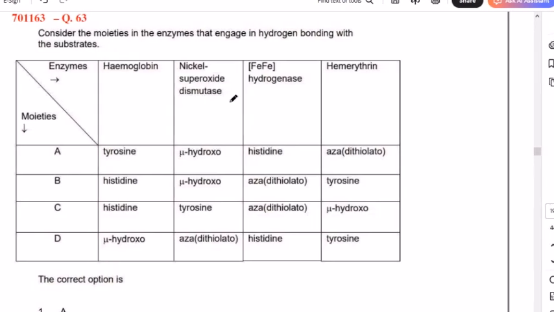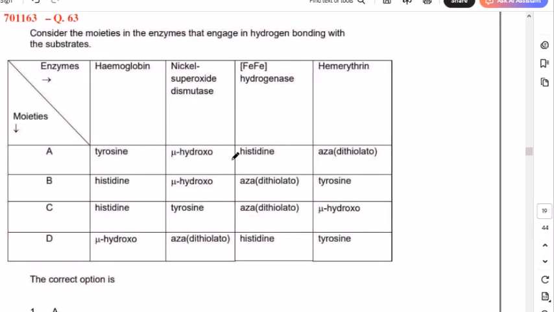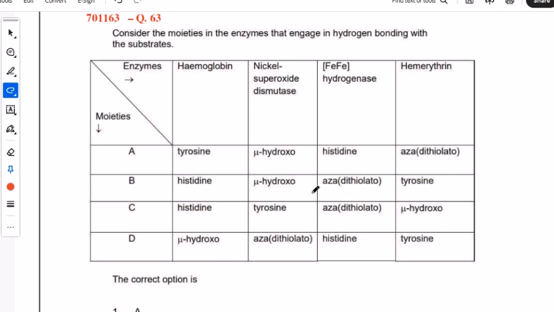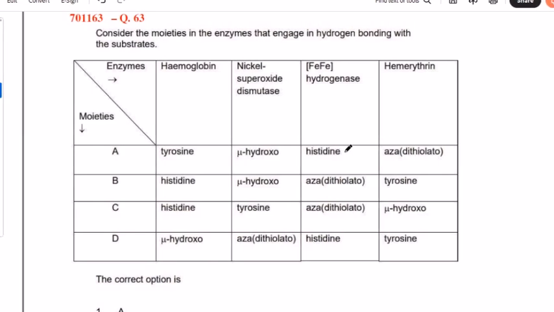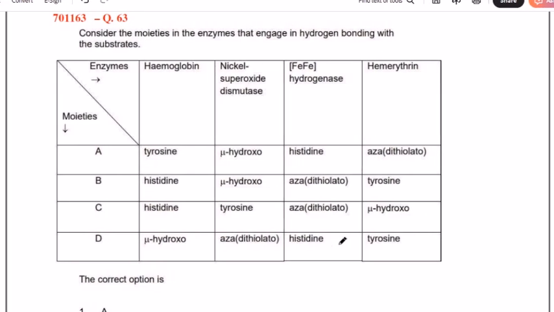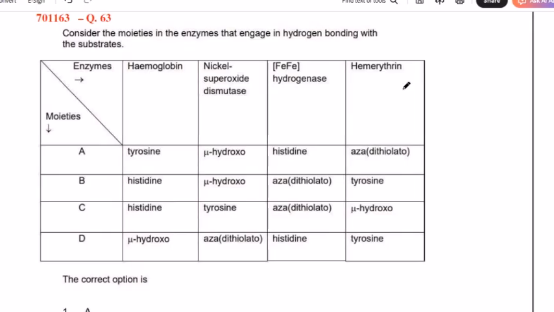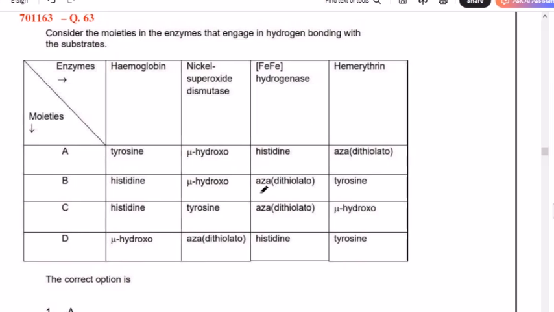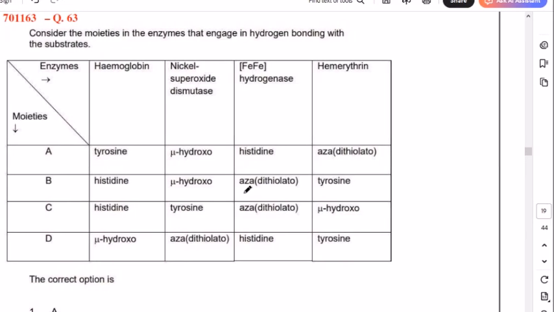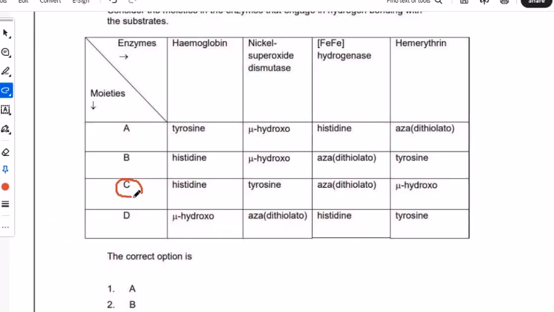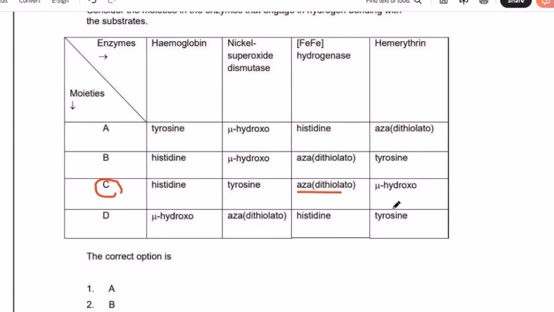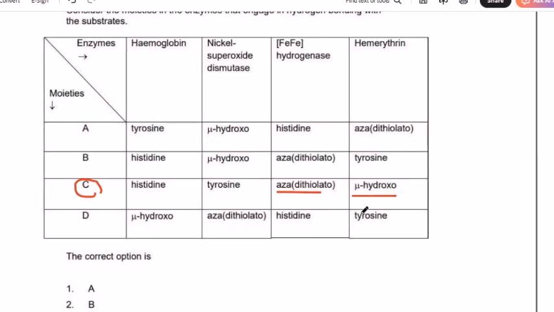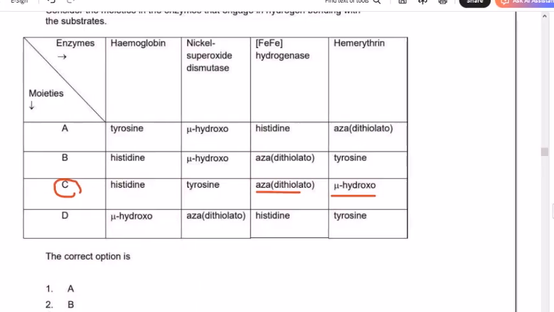Nickel superoxide dismutase: hydroxo, tyrosine, azadithiolato, histidine. So the correct option for this is C: histidine, tyrosine, azadithiolato and mu-hydroxo. So option number 3 is the correct option, friends.